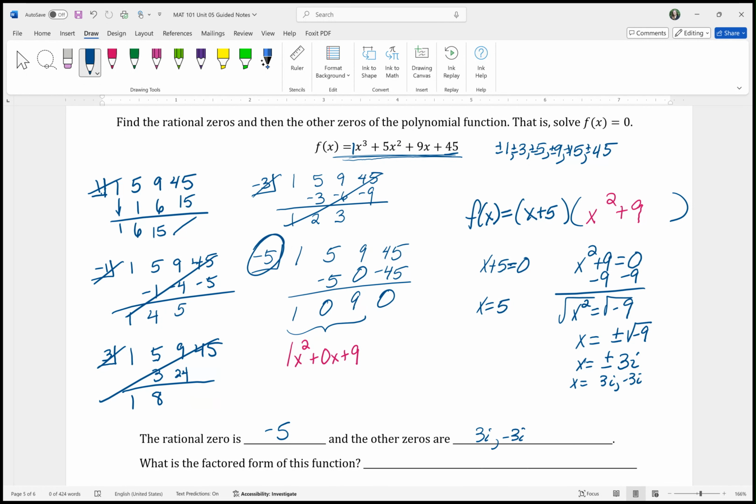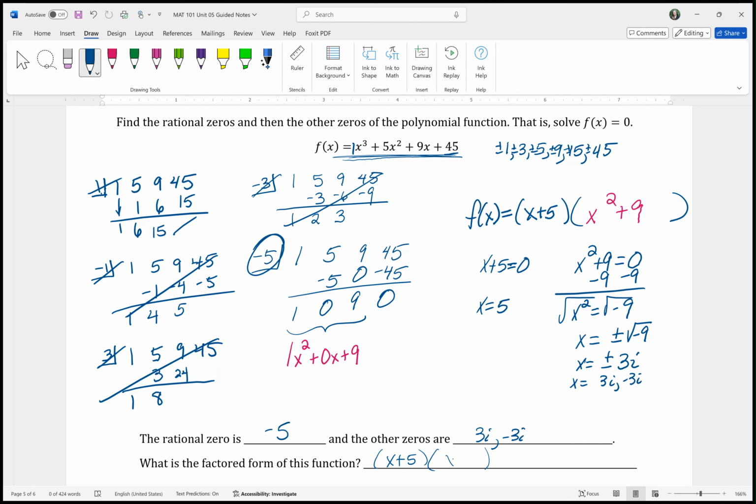Now, again, I don't have the factored form yet, so we're kind of finding the zeros here and working backwards. So if I said what is the factored form of this function, we know the factor for negative 5. That was x plus 5. I want you to think about the 3i in the same way. If that i wasn't there and you just had 3, what would you write for your factor?